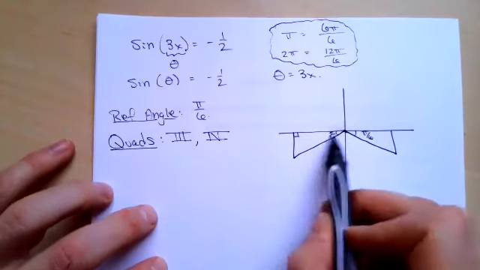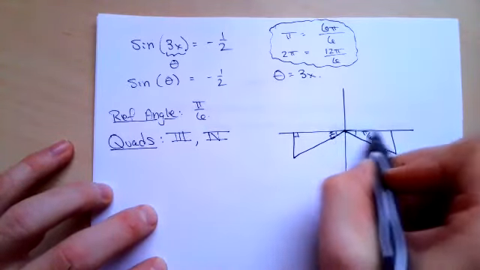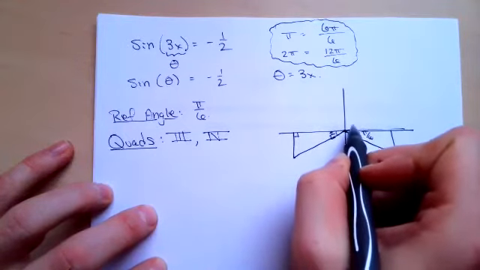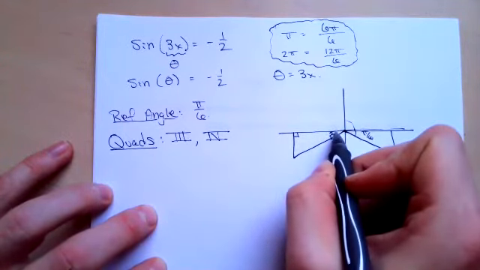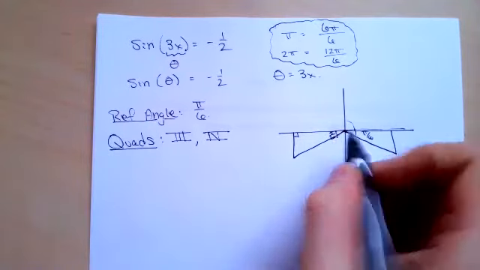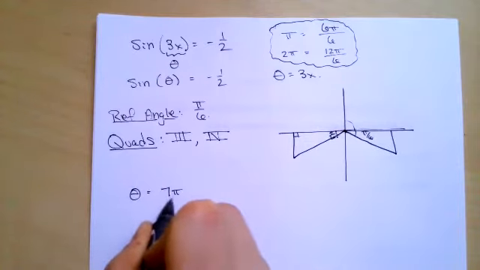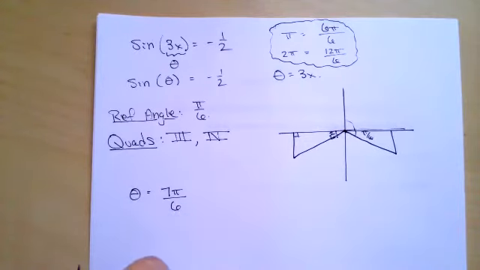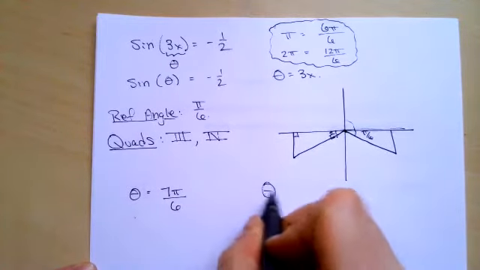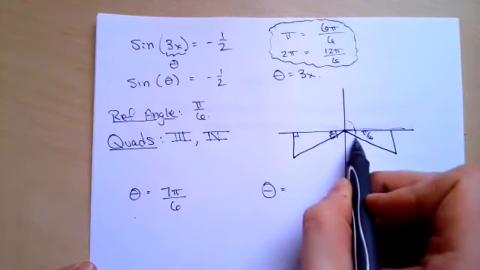And so how do we find the exact angles corresponding to these reference angles? We've got to start from the positive x-axis. And then if I go halfway around the circle, 6 pi over 6, plus 1 more, we'll get 7 pi over 6. So that's one of the answers for theta. The other answer, I need the reference angle for this guy.